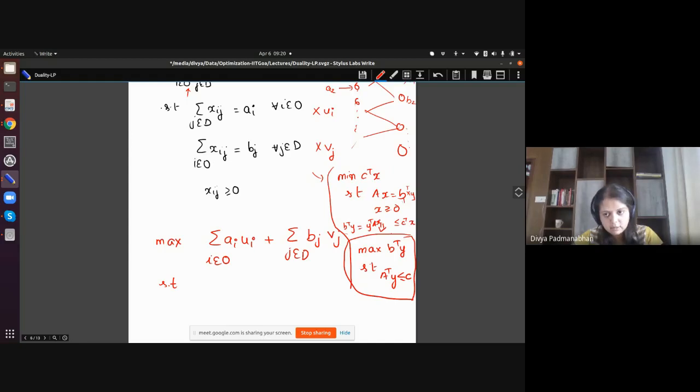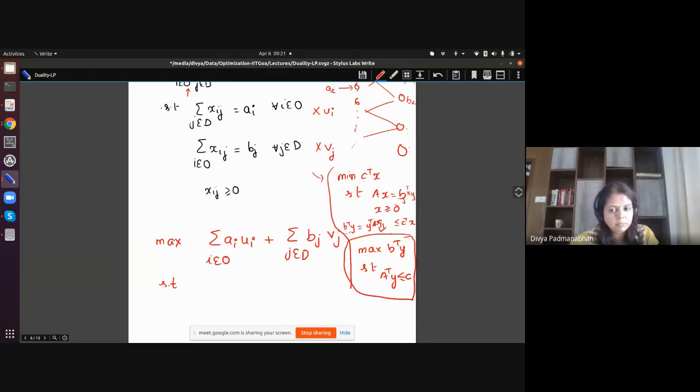So b is a vector, and you multiplied each of these constraints with y: y1, y2, and so on. What you got in the process was b transpose y. You multiplied each of them with y and added all these resulting constraints. So what you got was b transpose y equals y transpose Ax.